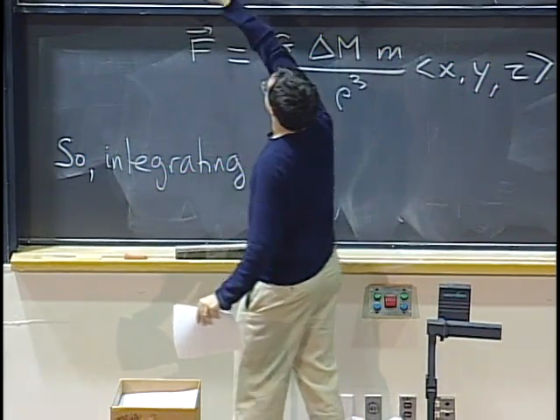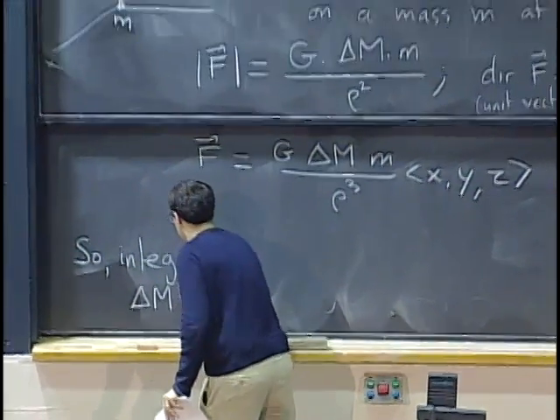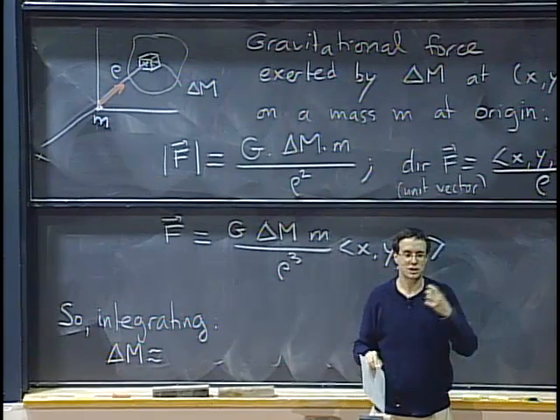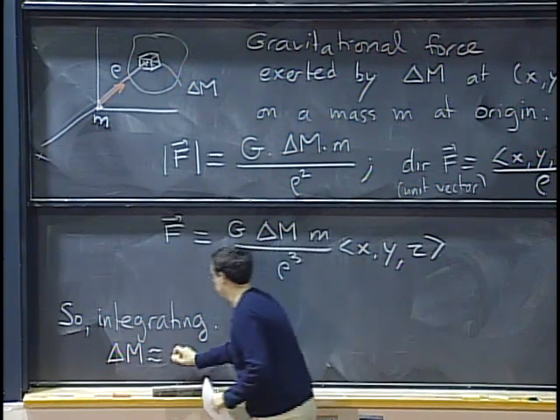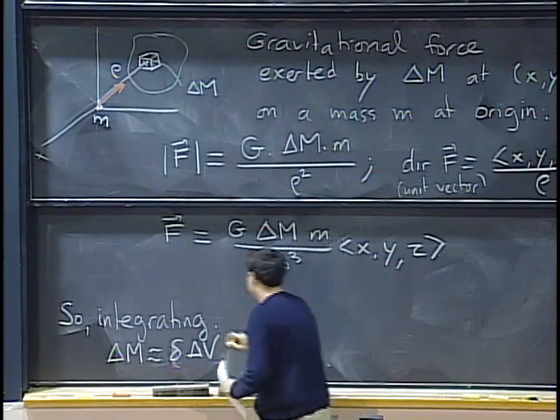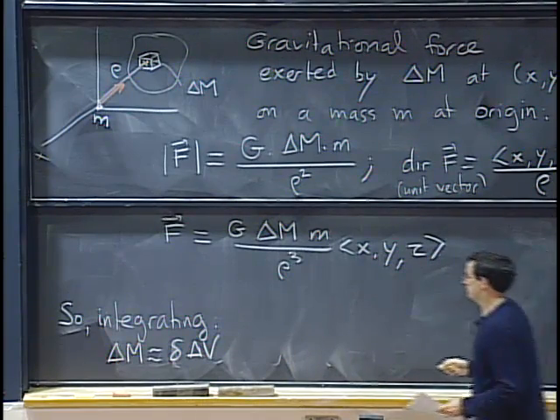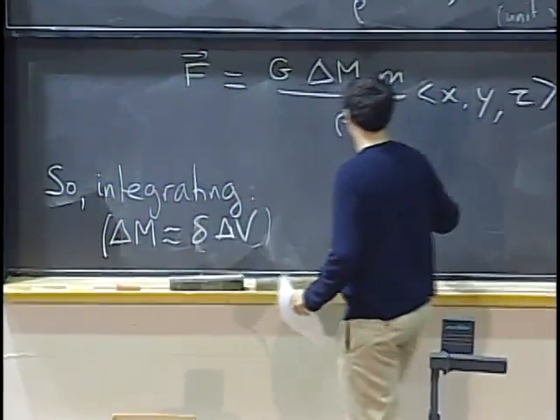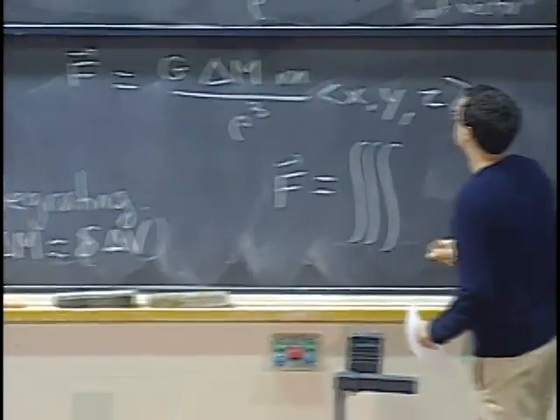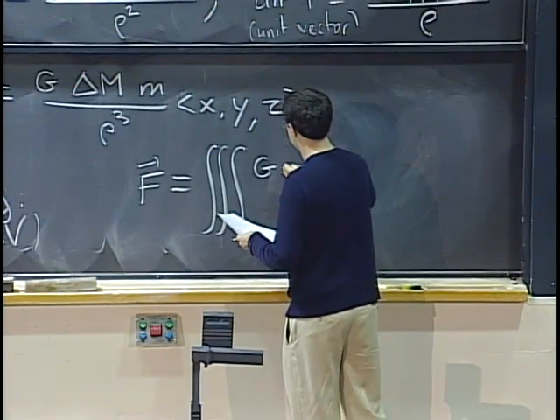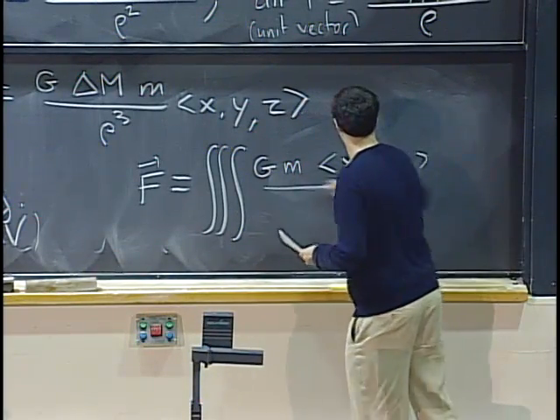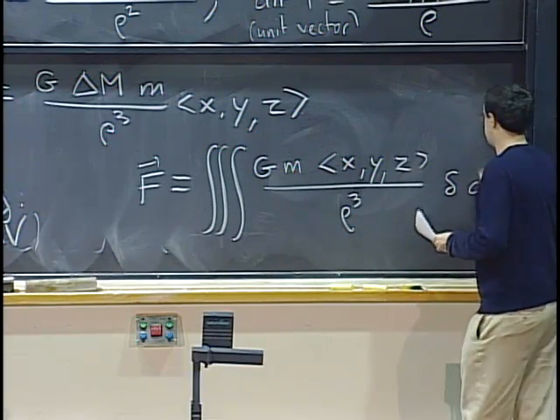If you integrate over the entire solid, oh, and I have to remind you, what's the mass delta m of a small piece of volume delta v? Well, it's the density times the volume. Density is delta. It's a lot of Greek letters there. Times the volume element. So you will get that the force is the triple integral over your solid of G m x, y, z over rho cubed delta dv.